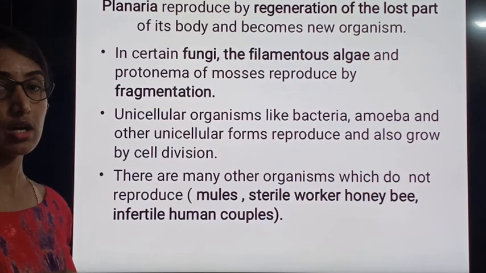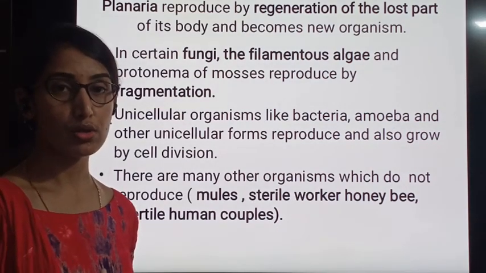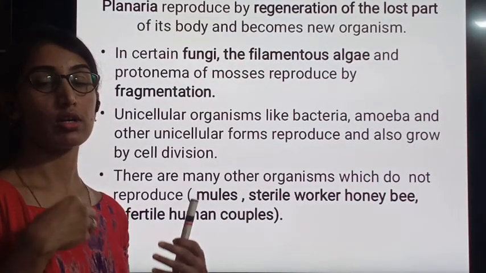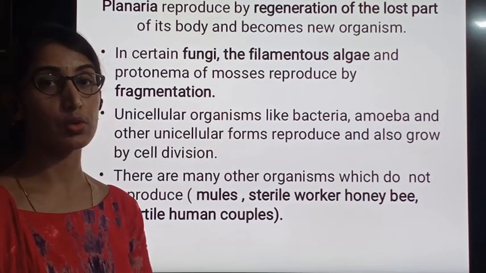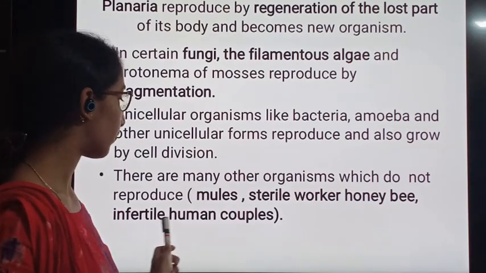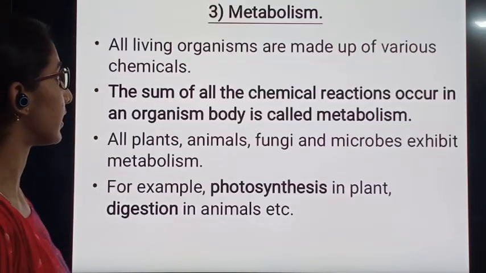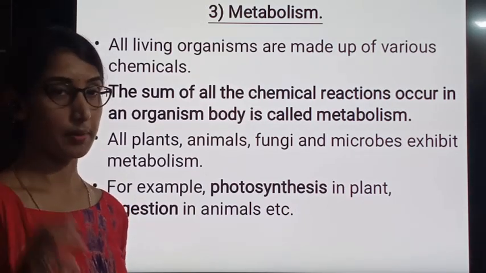That means couples who are not able to conceive, or who are not capable of giving birth to a child, are called infertile human couples. These are some of the examples that can be seen under reproduction.